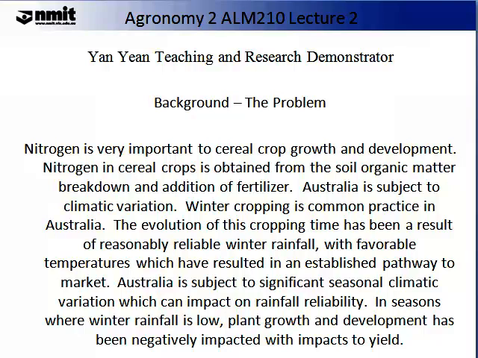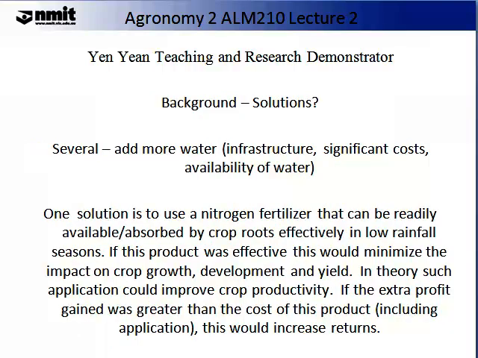It is assumed that the inability for the plant to access nitrogen during this low rainfall is contributing to the low yield. So let us have a think about some possible solutions. There are indeed several. The first and probably most obvious is, if this occurs in low rainfall seasons, then you could increase the amount of water available to the crops, which would aid the nitrogen uptake.